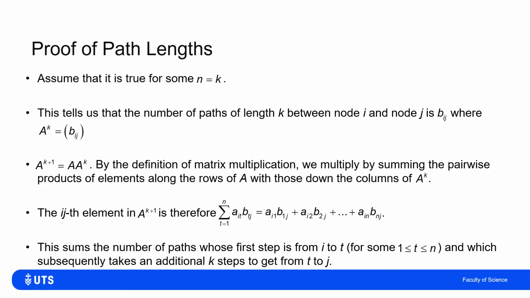So in other words, what this is doing is it's saying I consider the number of paths whose first step is from i to some intermediate t, and then subsequently add k more steps to get from t to j. So if I work out that sum, I will have all of the paths via all of the possible routes.